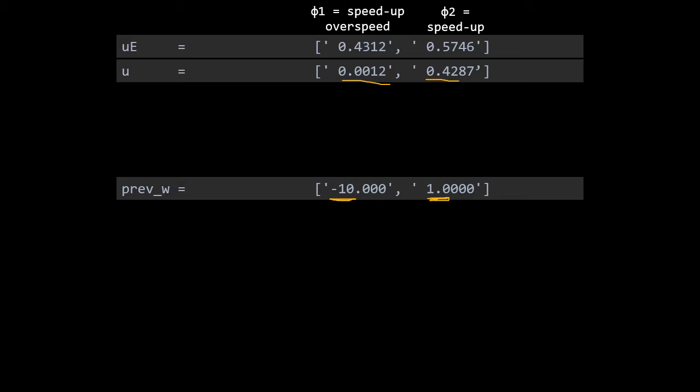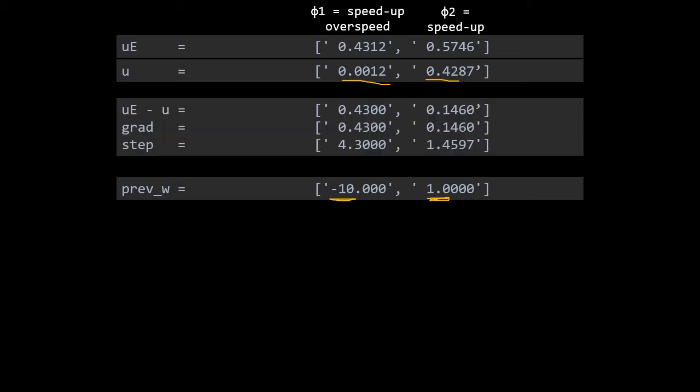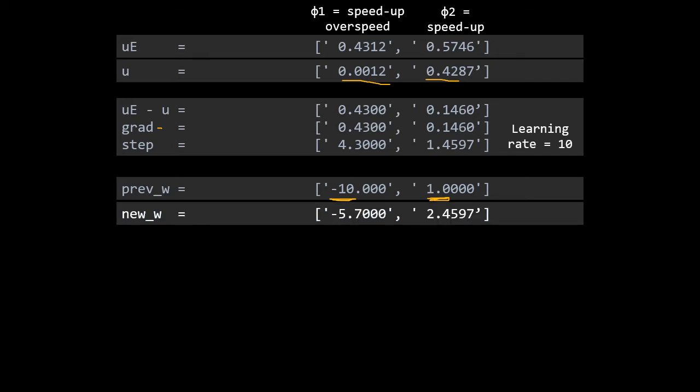So now let's see if we can push it toward that in order to match the features of the expert. Again, you compute the difference with this strong assumption of the second term being the one of the most likely trajectory. I get the gradient, I apply a step. So I say, yeah, the step is with learning rate 10, and I get a new weight.